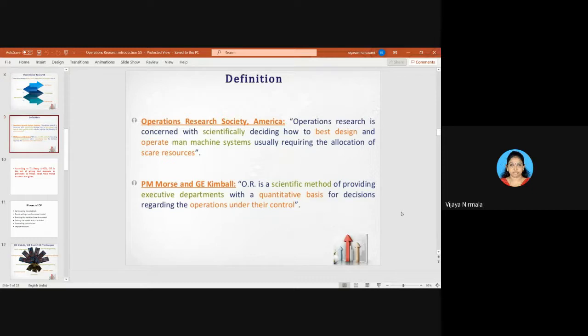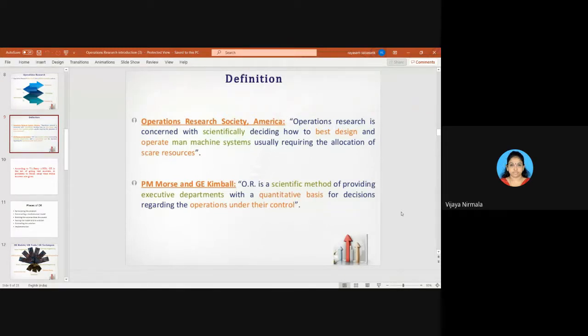According to the Operations Research Society of America, operations research is concerned with scientifically deciding how to best design and operate man-machine systems, usually requiring the allocation of scarce resources.